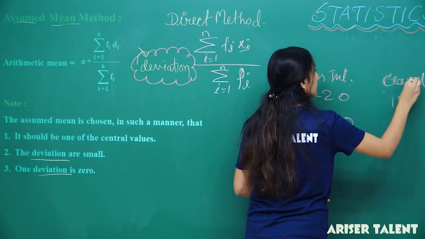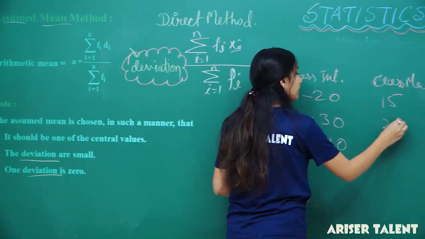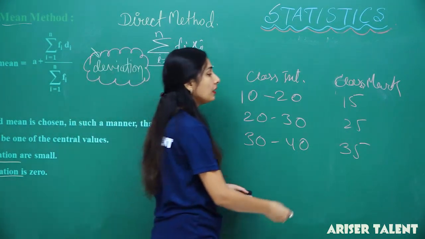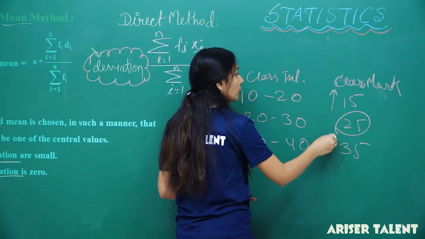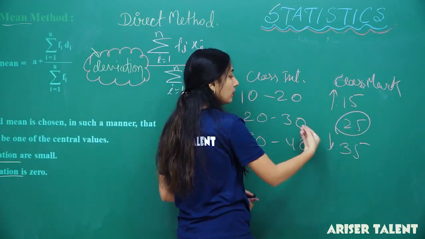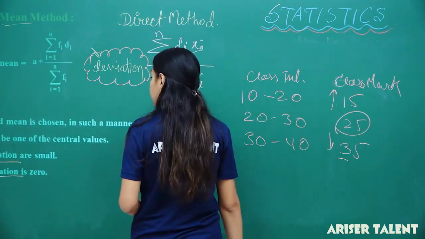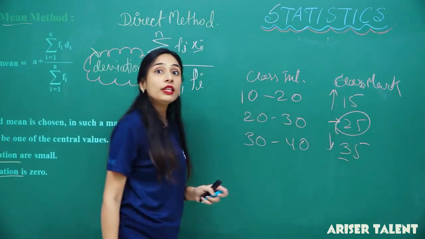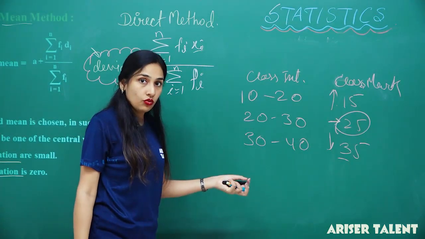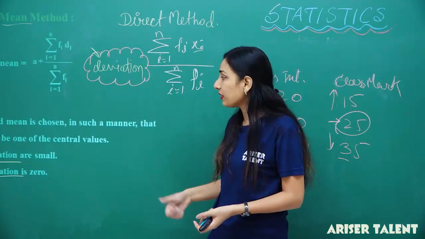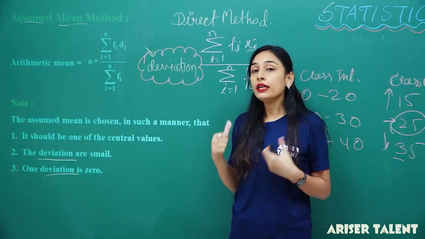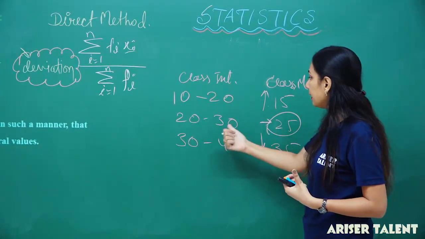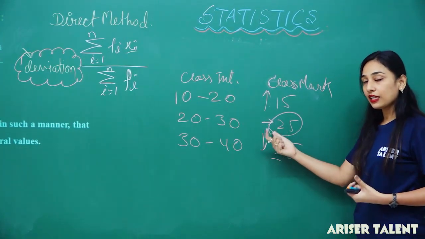Now this is the mid value: if you go upside, there is only one value, and if you go downside, there is only one value. That means this is the central value. It should be one of the central values. In this example we have three values, so we can say that the mid value is the central value.